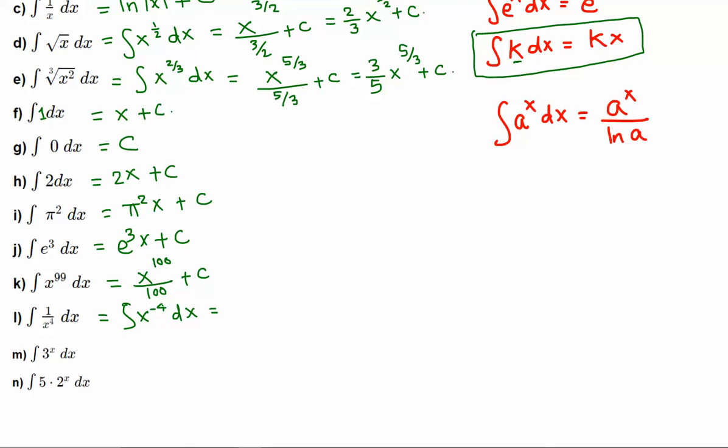The antiderivative of x^n is x^(n+1), so negative 4 plus 1 is negative 3, divided by the same thing. We can simplify: negative to the front and 3 on the bottom, that's negative 1/3, times x^(-3). Putting the negative exponent on the bottom with the 3 becomes x cube, plus C.